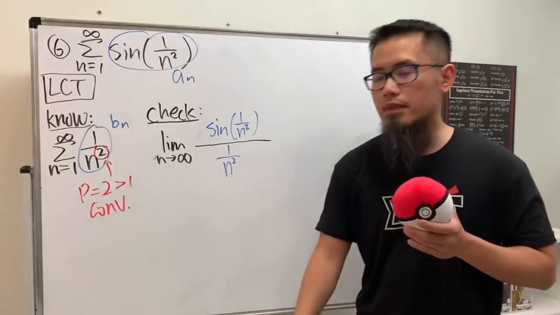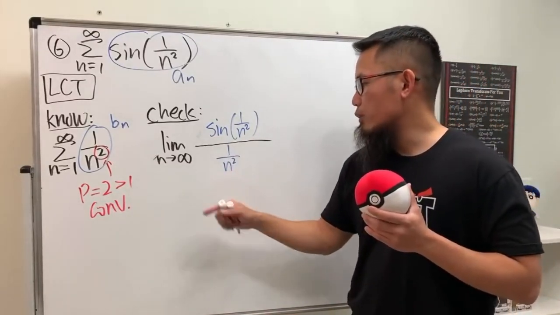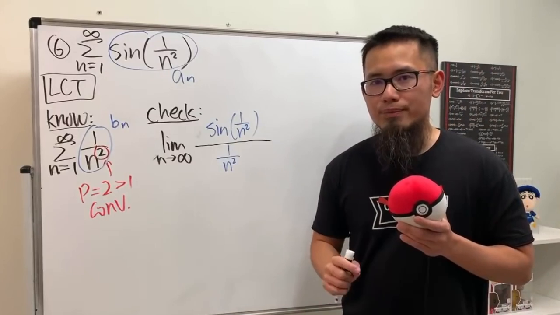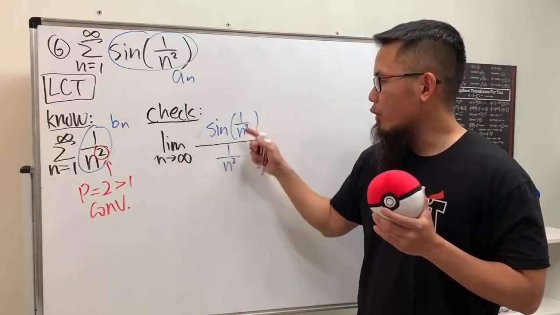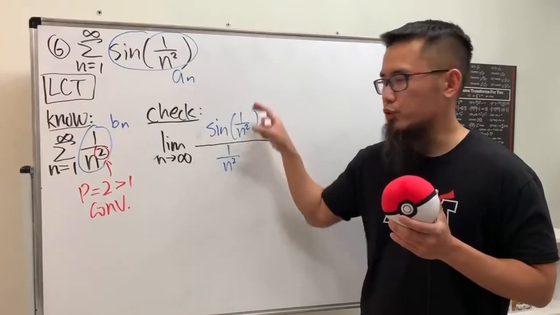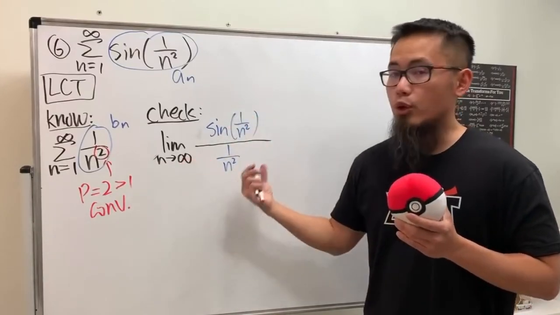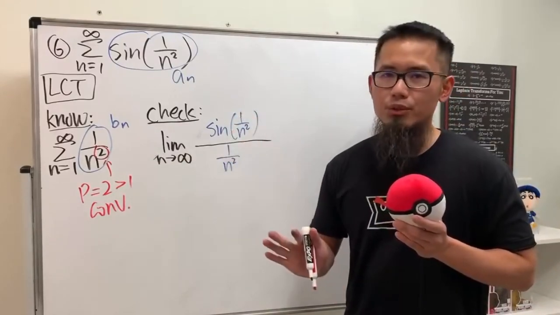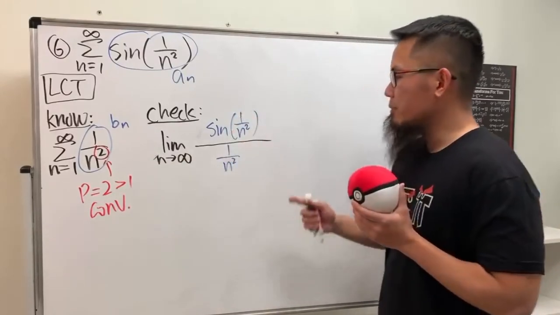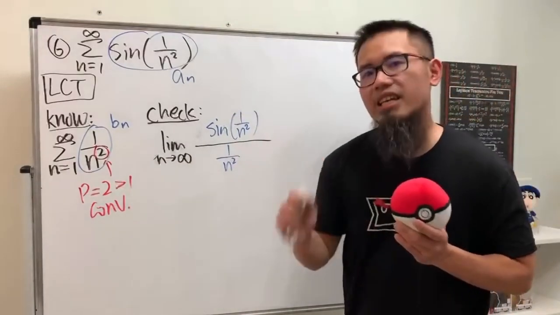Right? So this right here is a limit that we should work out. However though, if you put on infinity into here and here, sine of 1 over infinity is just sine of 0, which is 0. On the bottom, you also get 0. This is a 0 over 0 situation. But try not to use L'Hopital's rule for that, because this is precisely the limit.